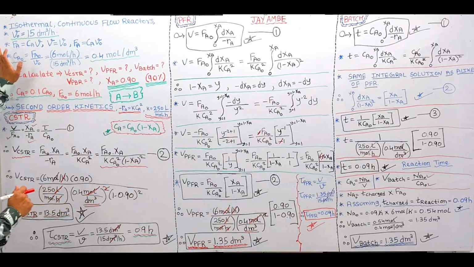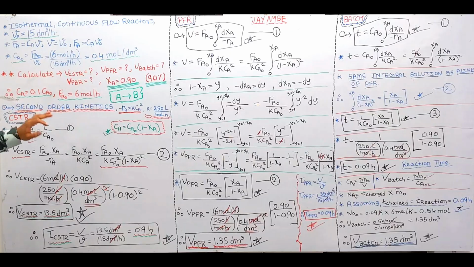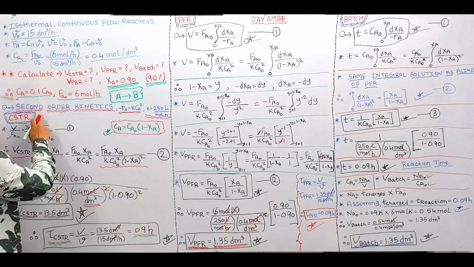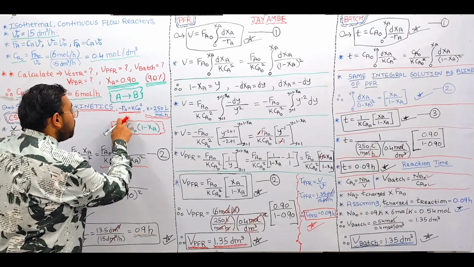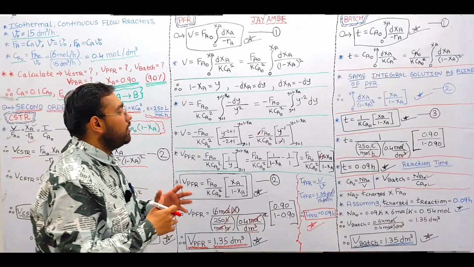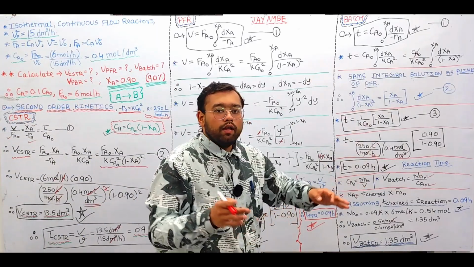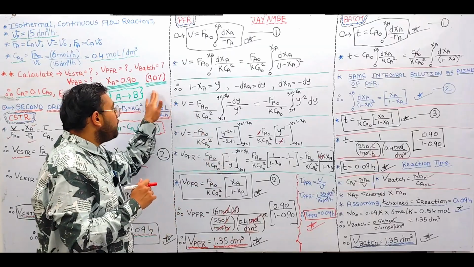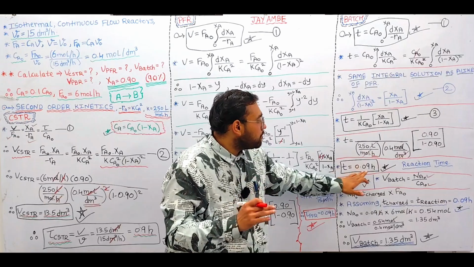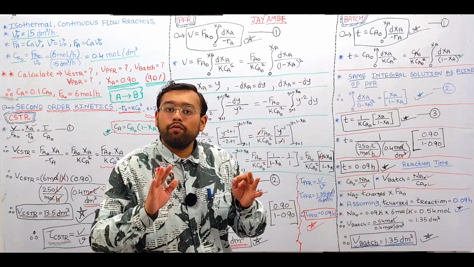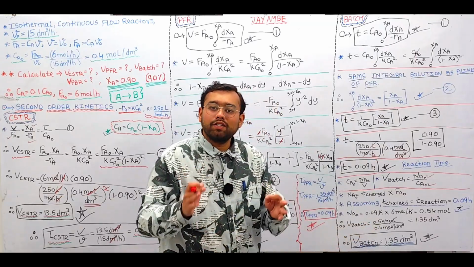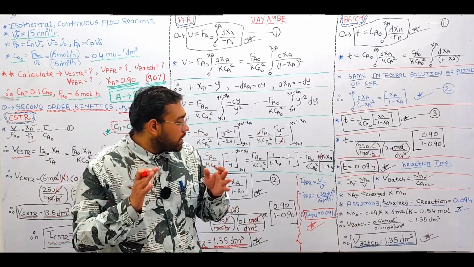Which means that, keeping all the operating parameters constant, we are carrying out the reaction in the batch reactor, and the reaction follows second order kinetics with the given rate law, minus Ra equals k Ca squared. In order to achieve the desired conversion of 90%, we require 0.09 hours, or 5.4 minutes, of reaction time and 1.35 cubic decimeter volume of the batch reactor.